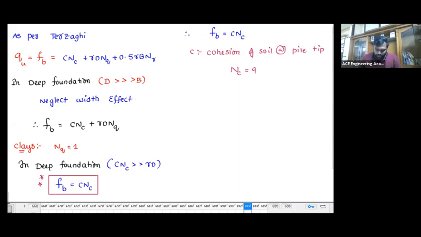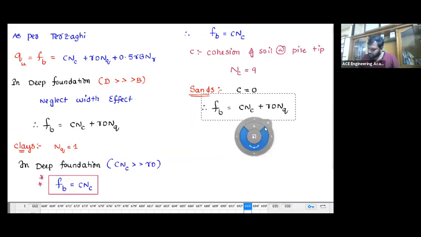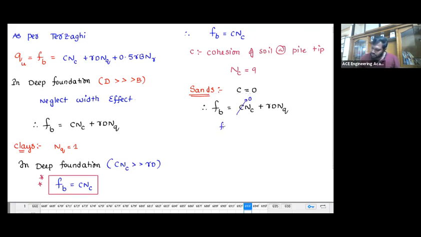Fine. Now, if you take sands, in the case of sands, you know c is equal to 0. So in this equation, if c is equal to 0, then I can write qb is equal to sigma v into Nq.